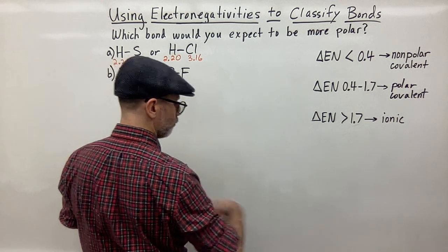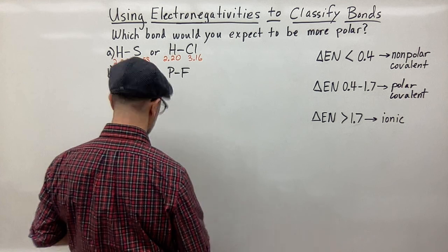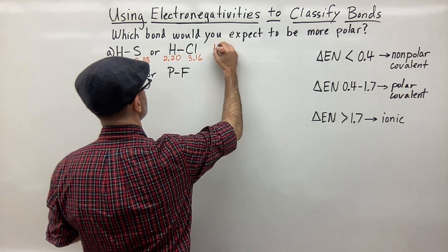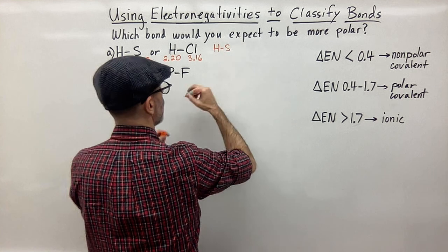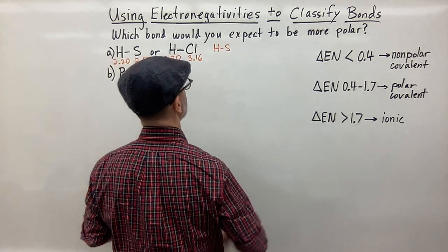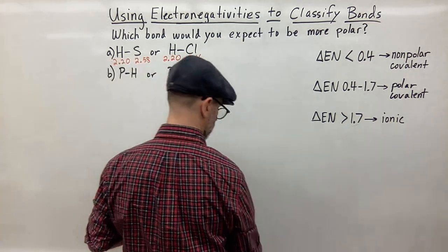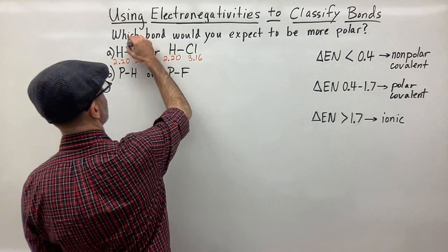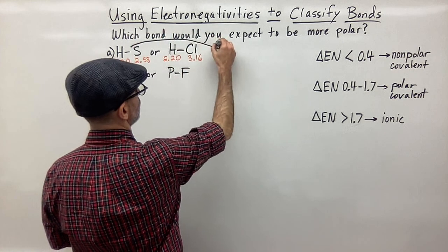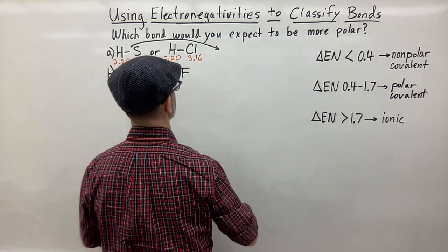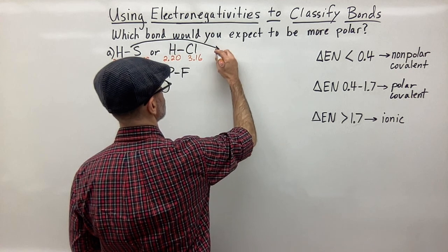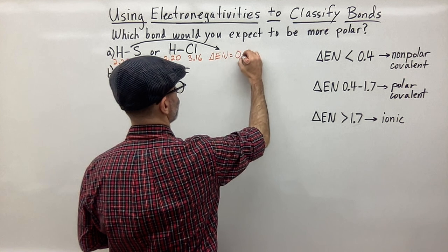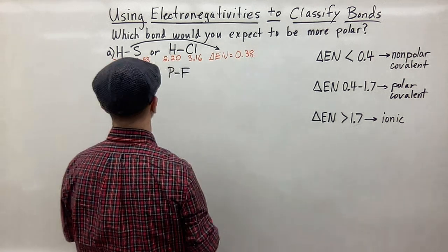So the HS bond has an electronegativity difference of 0.38.